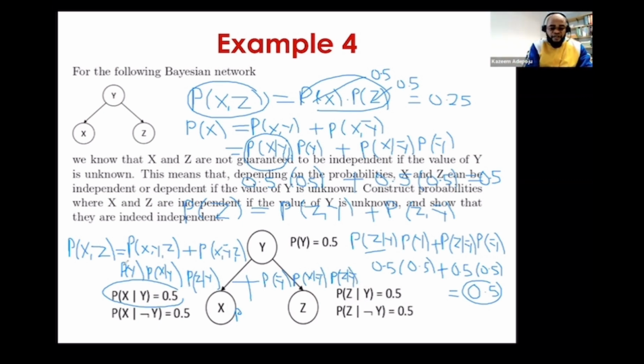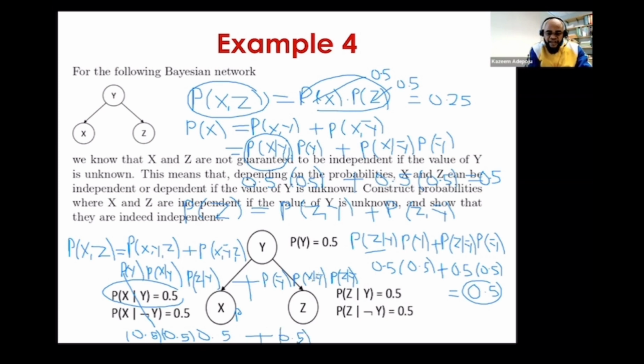So what is the probability of y? 0.5. Now, what is the probability of s given y? That is given here. That's another 0.5. Don't forget I'm multiplying now. What is the probability of z given y? 0.5. Plus, what is the probability of y bar? 0.5.